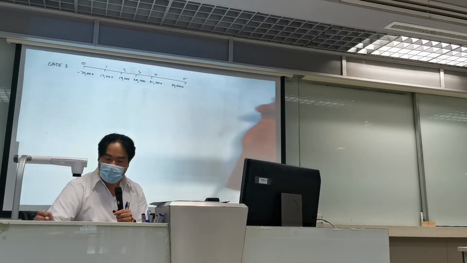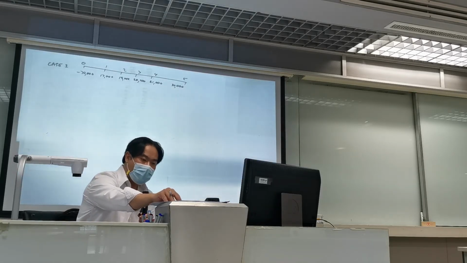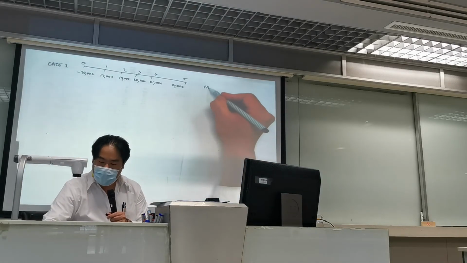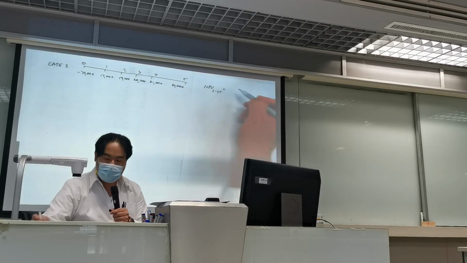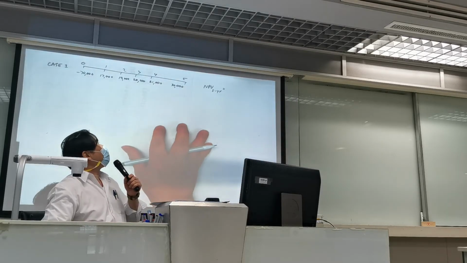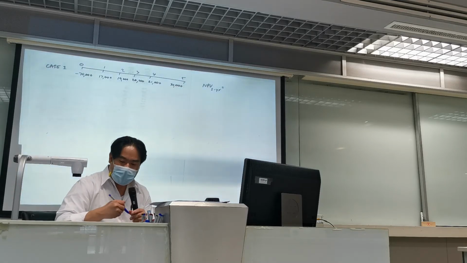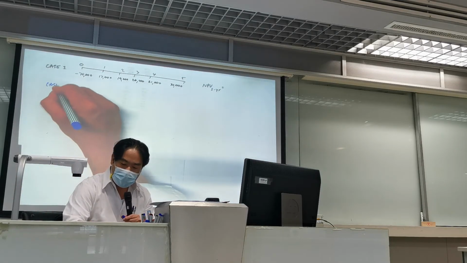So you get the NPV of this case, which is the NPV in case you invest for 5 years. Just calculate that. And then for economic life, it will be like case number 2.